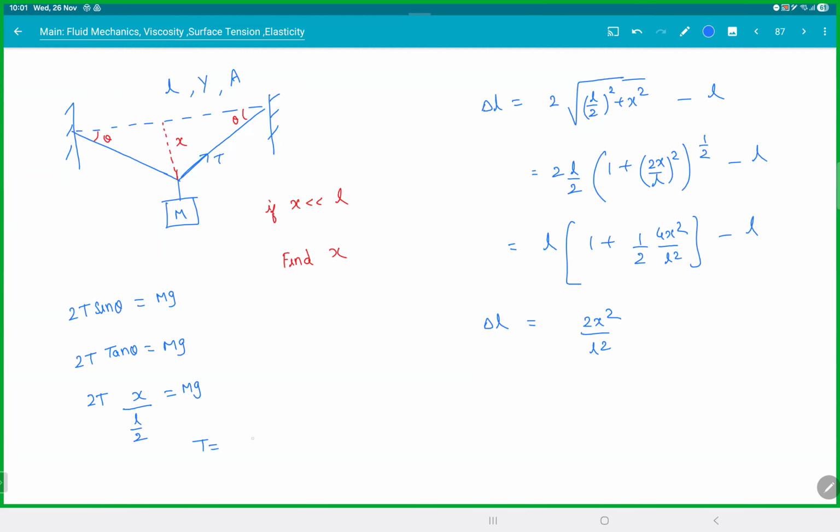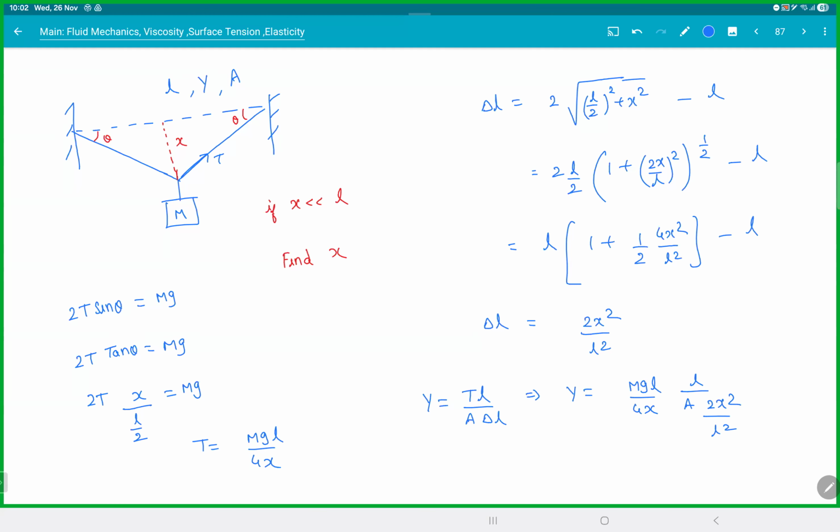So from here we get tension is equal to mg L by 4x. Then apply Young's modulus is equal to tension times length by A into delta L. Substitute here. This will be Y, tension will be mg L by 4x. Length is L, area is A, and this is 2x square by L square.